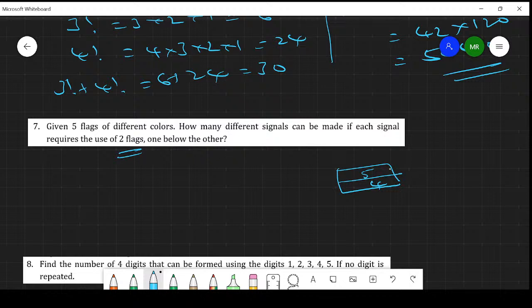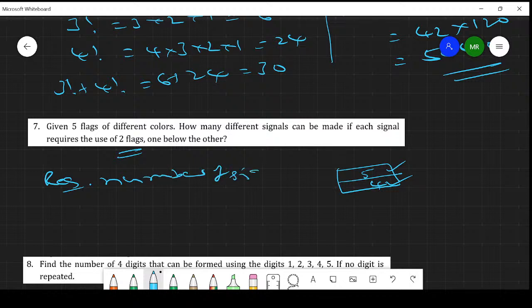So the first flag can be taken 5 ways, the second flag can be arranged in 4 ways. It is nothing but 5P2. The required number of signals, or required number of ways.